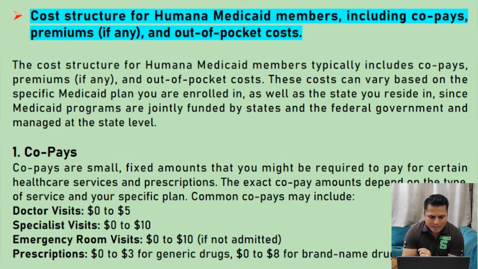Common copays may include doctor visits from $0 to $5, specialist visits from $0 to $10, emergency room visits from $0 to $10 if not admitted, prescriptions from $0 to $3 for generic drugs, and from $0 to $8 for brand name drugs, guys.